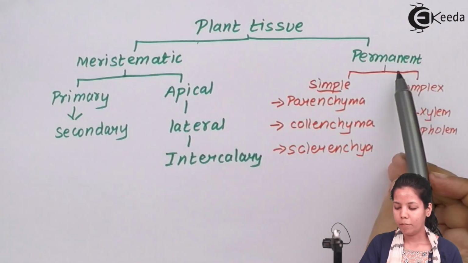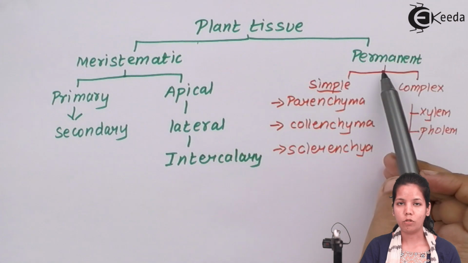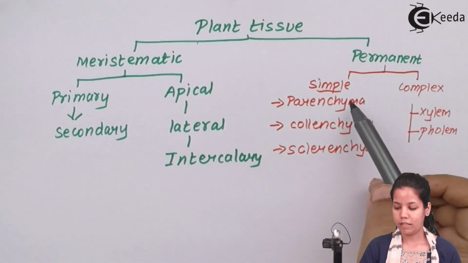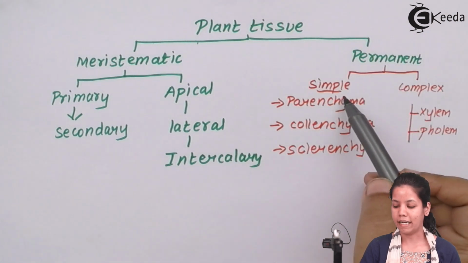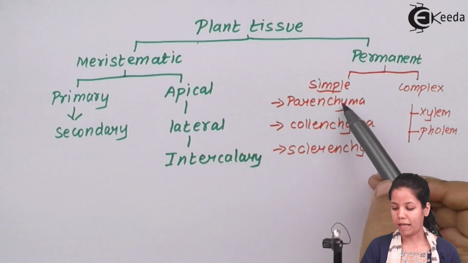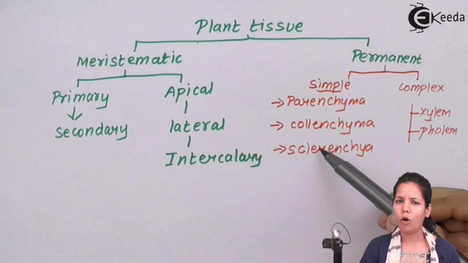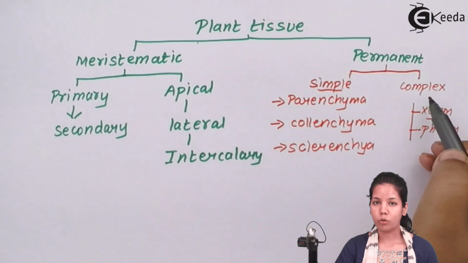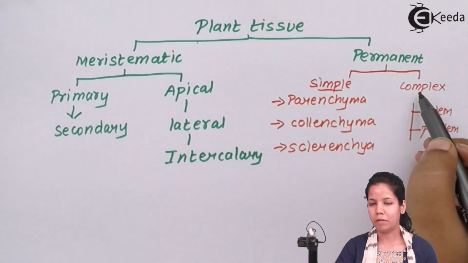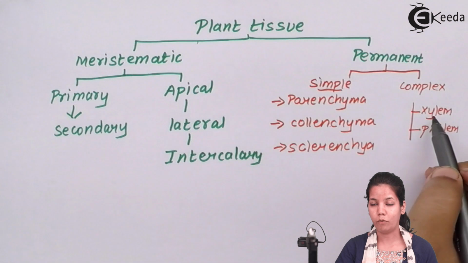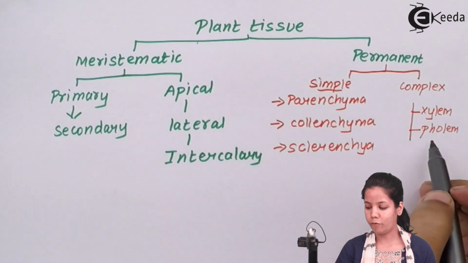Permanent tissues are those tissues which are formed once, do a lot of functions, and don't die even at maturity. Simple permanent tissues basically have the same type of cell, that is parenchyma, collenchyma and sclerenchyma. They have cells which are similar in structure. Another kind of tissue available is complex permanent tissue, and examples of those are xylem and phloem.